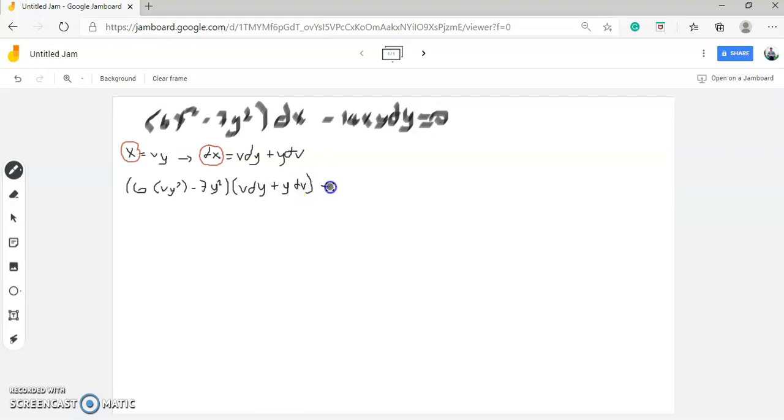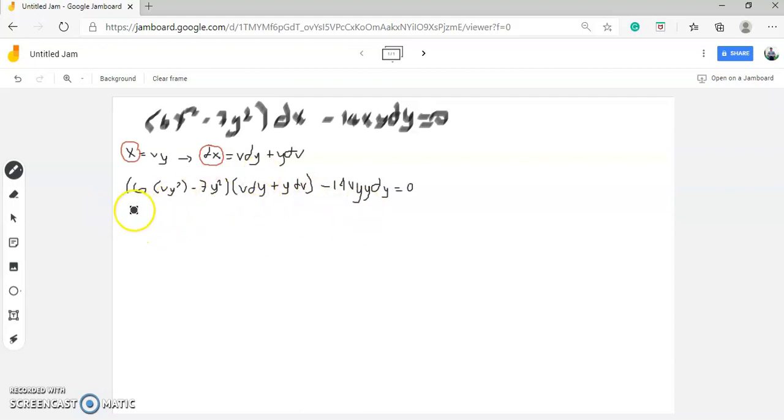Minus 14x, and remember our x is vy, vy times y dy. Now let's do some algebra and simplify our equation.